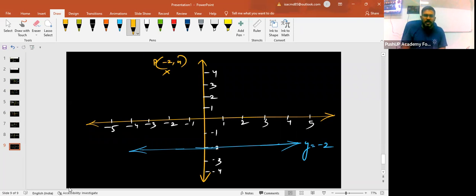Reflect this point B through this blue colored line. So remember, children, this time you are going to reflect a point through a line parallel to the x-axis. So when you are reflecting a point through a line parallel to the x-axis, there is no change in the x coordinate. The change will happen only in the y coordinate.